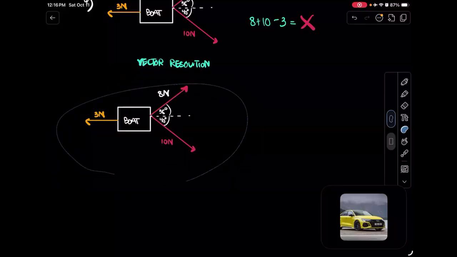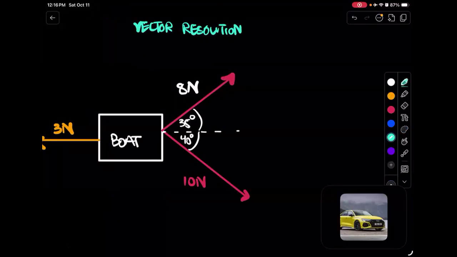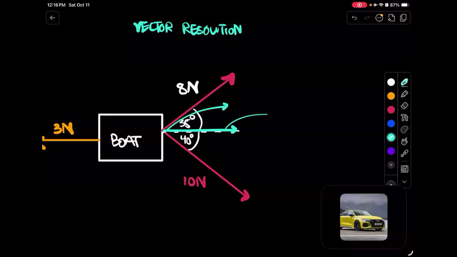This 8 Newton has a horizontal component as well as a vertical component. This is the horizontal component of the 8 Newton force. How do I know what the horizontal component is? It's always the hypotenuse multiplied by cos theta. With the angle, it's always cos, and in front of the angle, it's always sine.